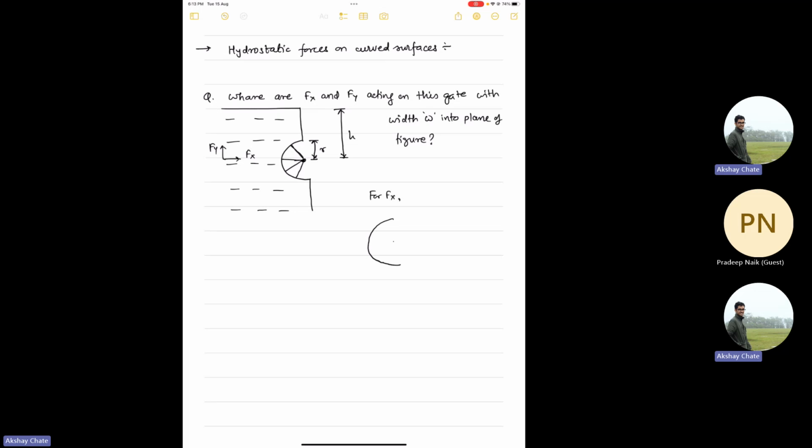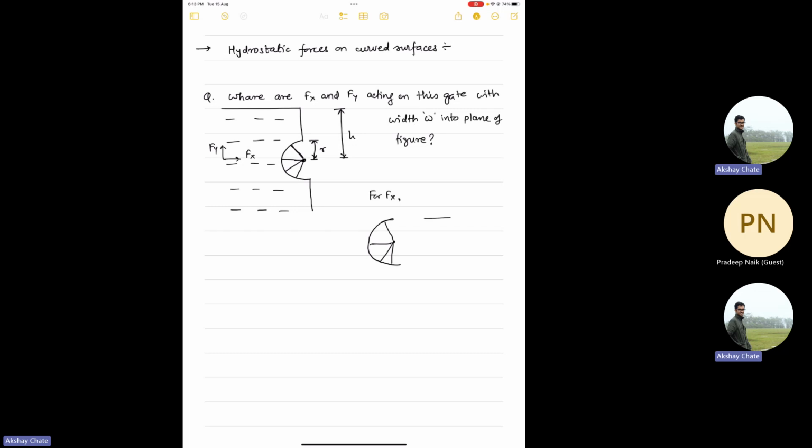Let's say this is the gate again, and it has some ribs like this. We take its horizontal projection.